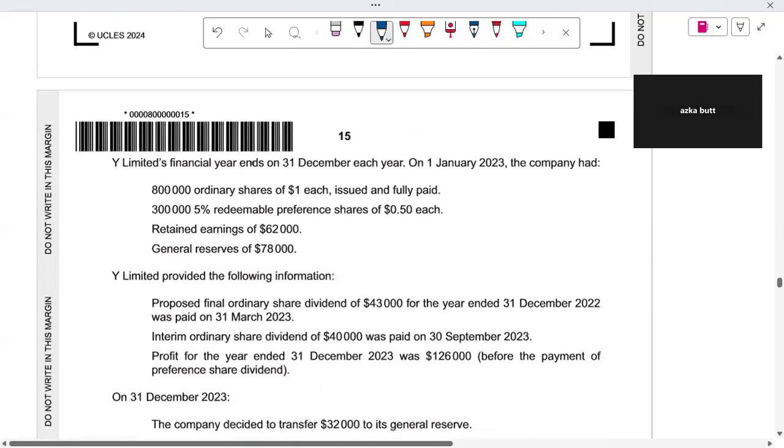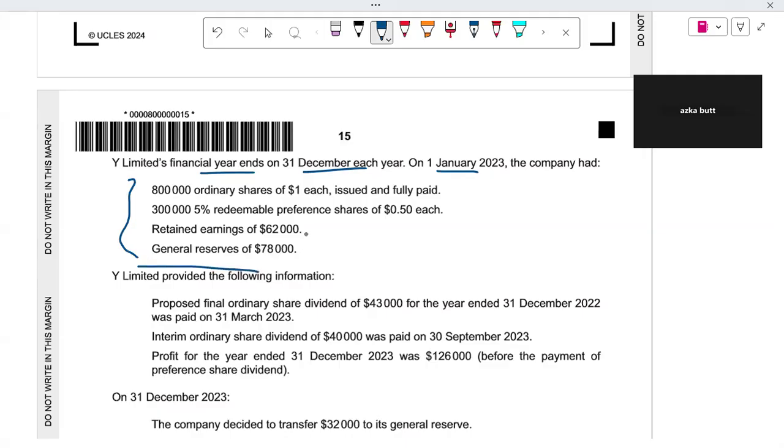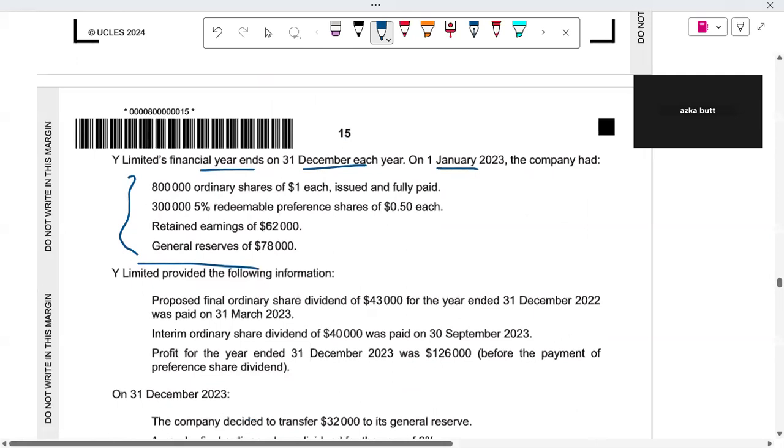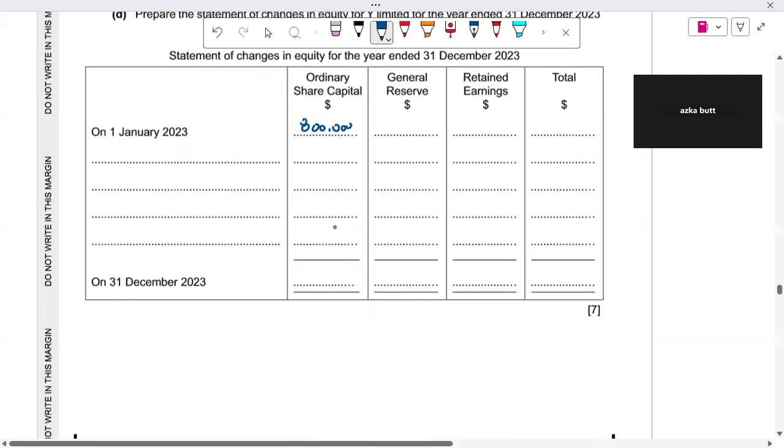Okay, so Y Limited's financial year ends on 31st December each year. On 1st January 2023, the company had this. So we have the opening balances. So we have the 800,000 ordinary shares, share capital, 800,000. And we have the general reserves, which is 78,000.